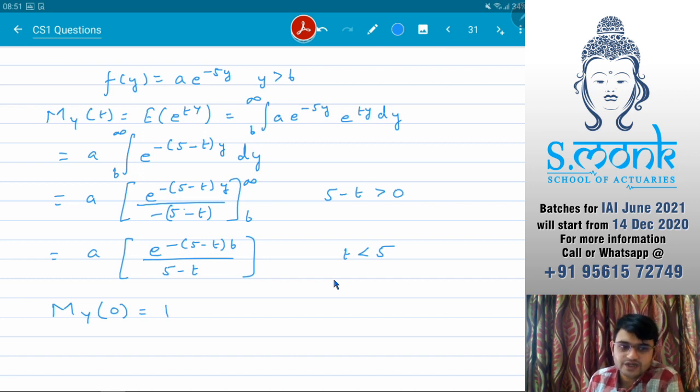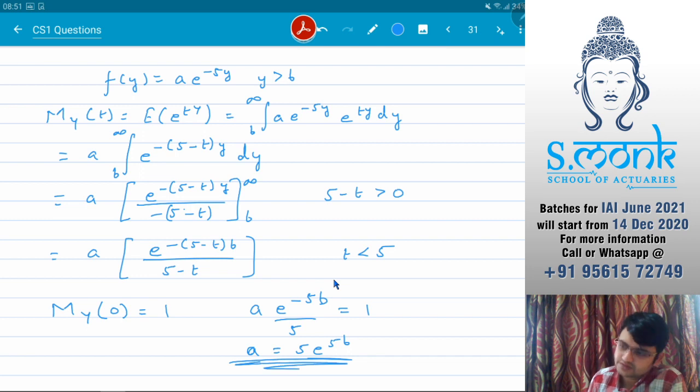This is an expression that we know. So I'll just put t is equals to 0. So I'll get a e raised to minus 5b upon 5. This is equal to 1. So clearly a is nothing but 5 e raised to 5b. This is your answer.